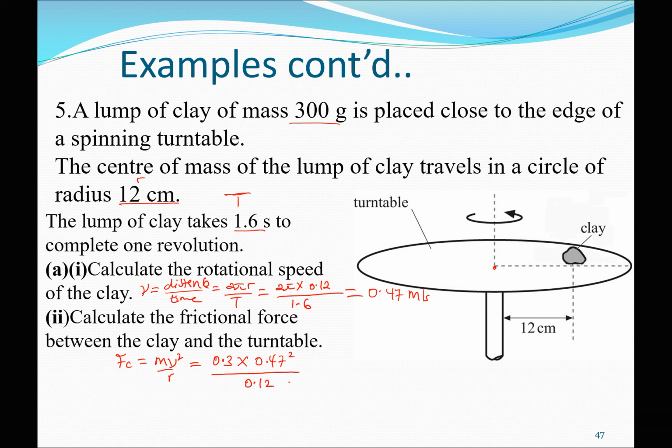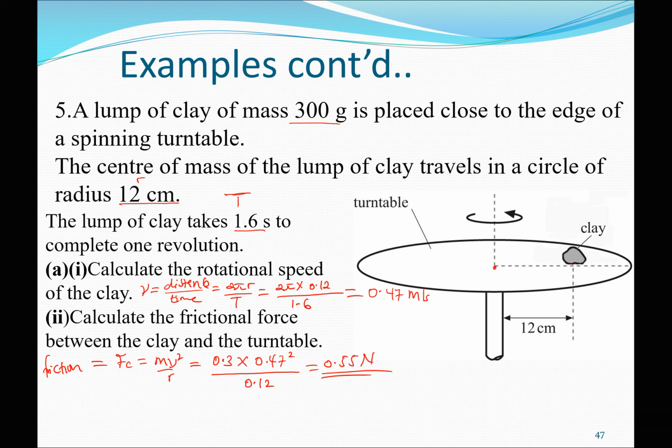So 0.3 times 0.47 squared divided by 0.12 gives me 0.55. The friction between the clay and the surface provides the centripetal force, so they are equal.